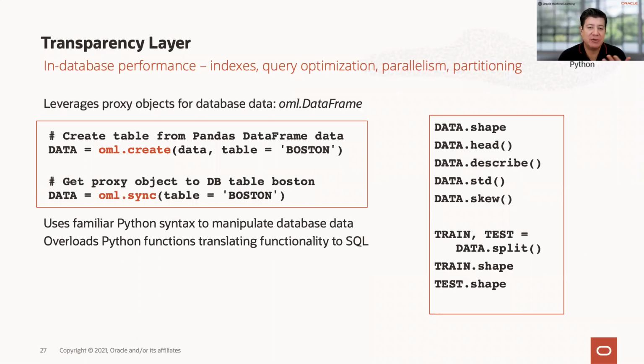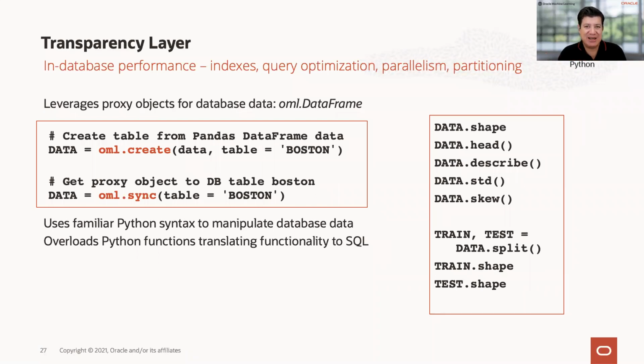I can have head, show me the first top records. I can have a describe, show me a quick description of that data, standard deviation, skewness. I can do a split. I can then do a shape on the training, shape on the test, right? So these are all compatible with the commands that you normally would use with pandas data frames. The only difference is you might actually be doing those things on tables that are millions of records, right?